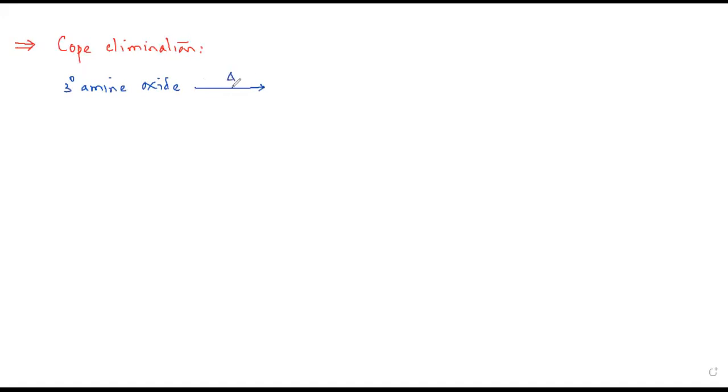This on heating forms an alkene. Along with that, of course, a hydroxylamine with some substituents. So let me call it a substituted hydroxylamine. Okay, I think you know what hydroxylamine is. NH2OH. We'll have some substitution to this.